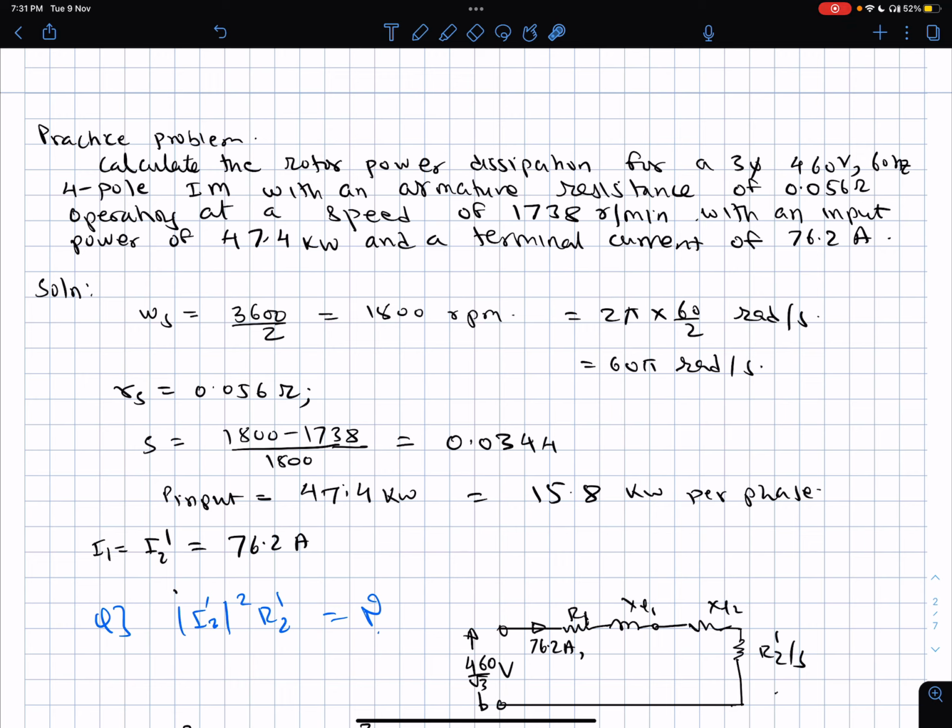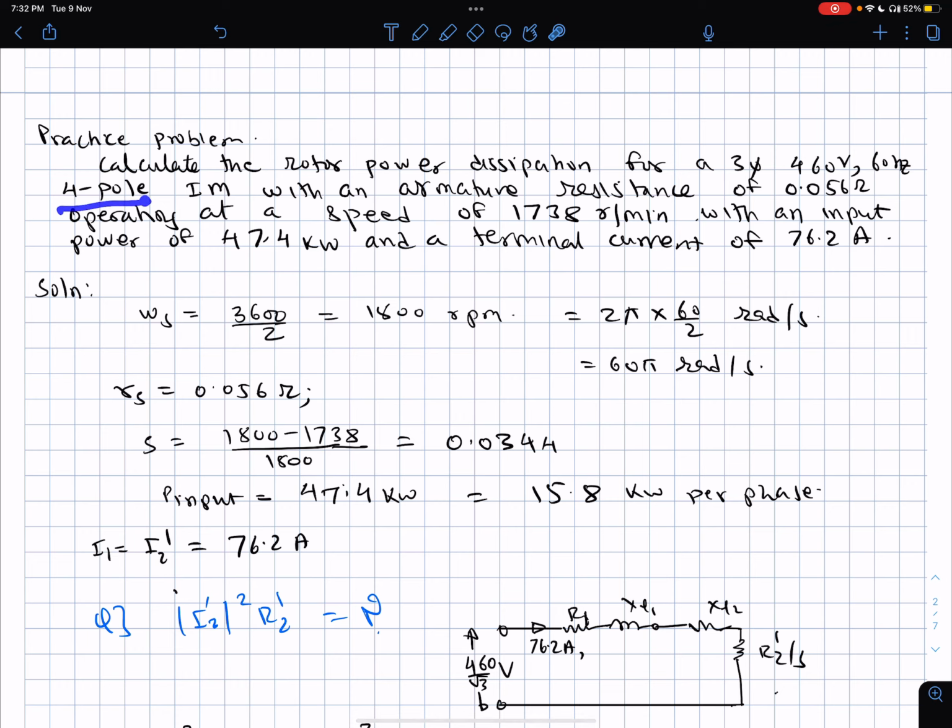If you do that, and it is a 4-pole machine, then the synchronous speed will become 1800 rpm for a 60 hertz machine, which will translate to 2 pi into 30 hertz, which is the same as 60 pi radians per second.